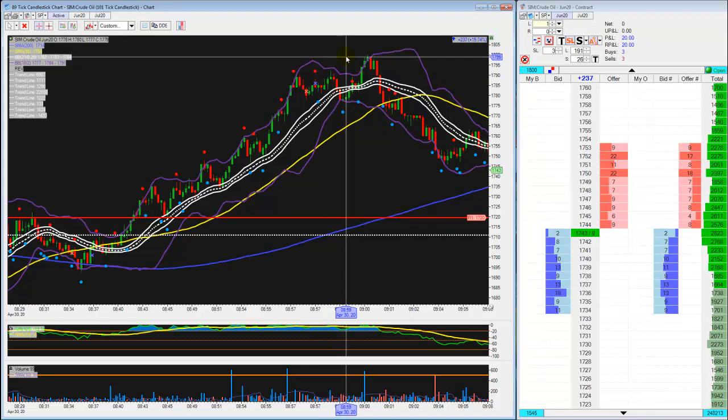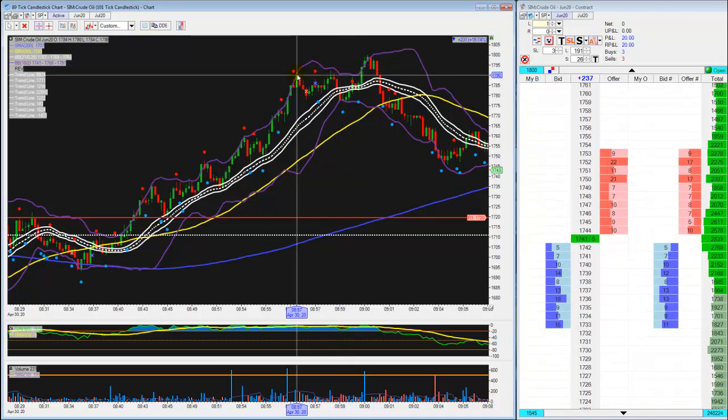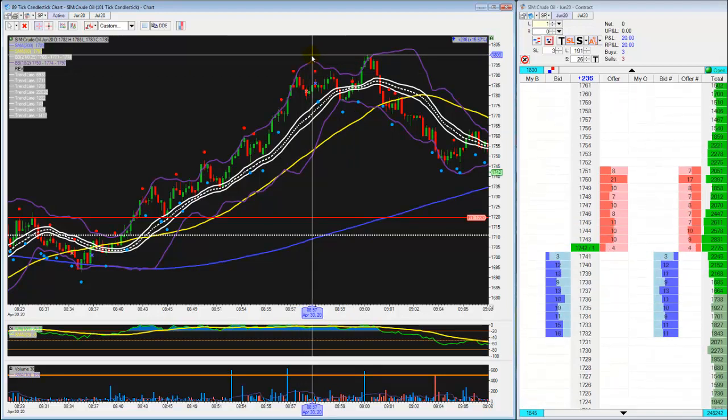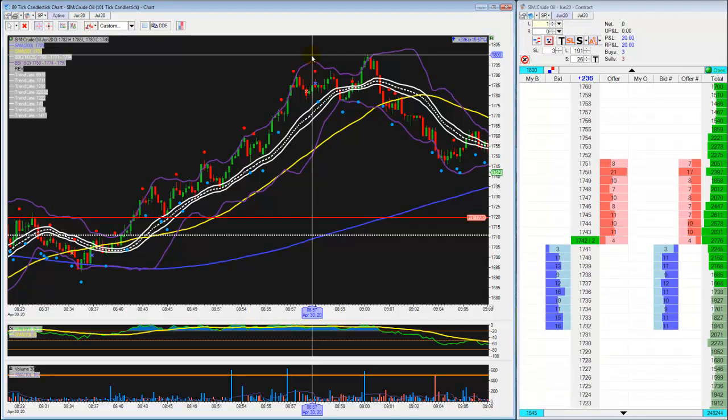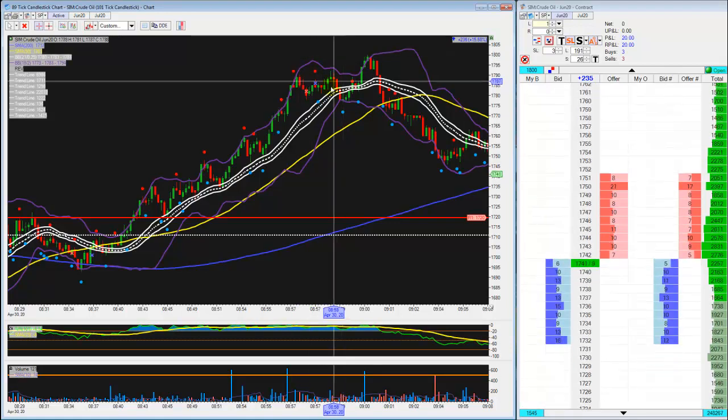So that went 8 ticks higher from here. From here it went 10 ticks higher. $17.90 to $18.00.